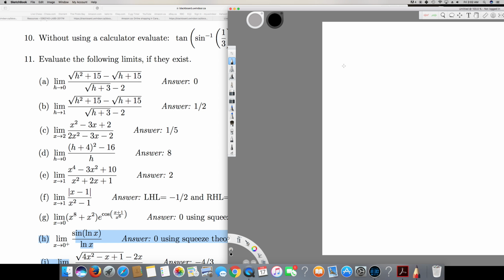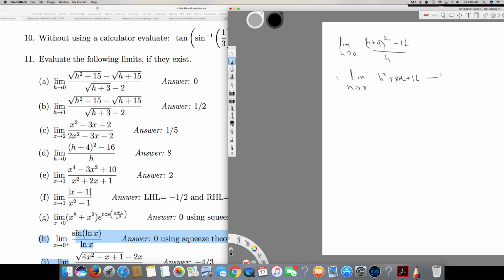So the next question is asking limit h approaches 0 of h plus 4 square minus 16 over h. First of all I have to expand the h plus 4 square. So h approaches 0, h square plus 8h plus 16.